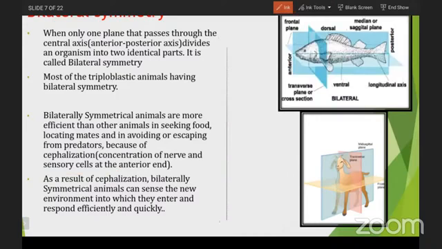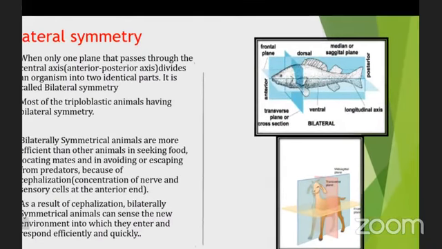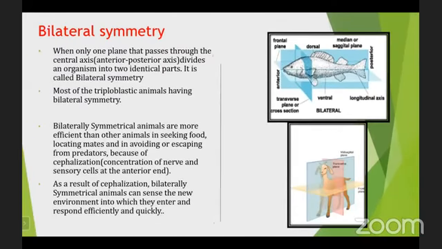Once again, going through the points. When only one plane that passes through the central axis divides an organism into 2 identical parts, it is called bilateral symmetry. Only one plane here. What is that? Median sagittal plane. Most of the triploblastic animals have bilateral symmetry. Bilaterally symmetrical animals are more efficient in seeking food, locating mates, and avoiding or escaping predators.